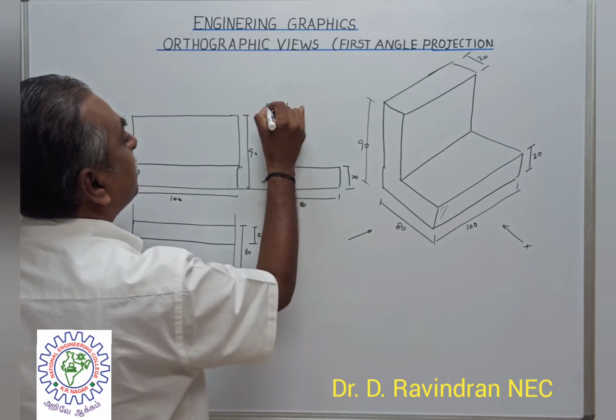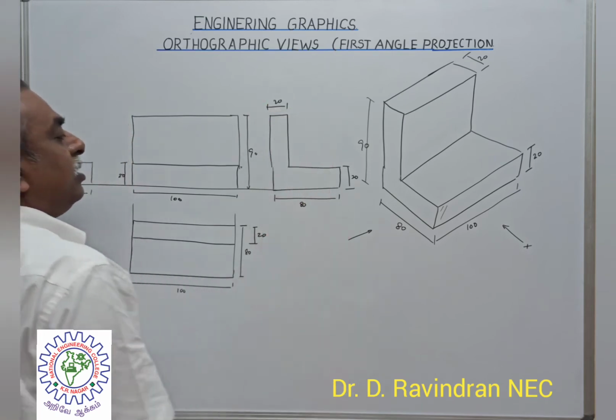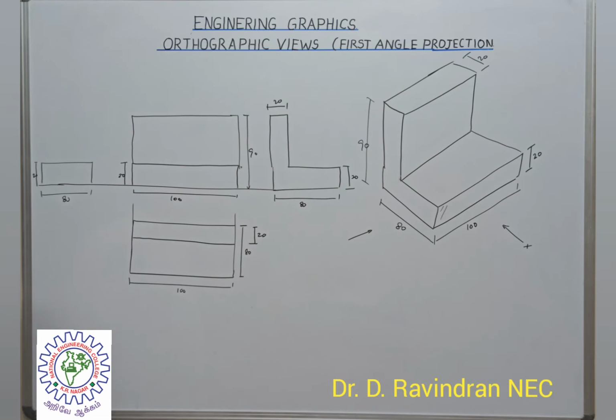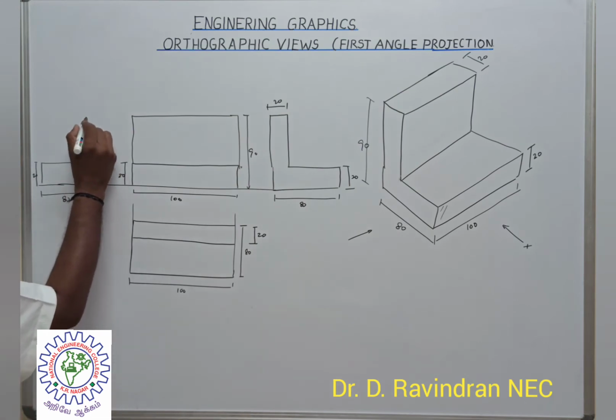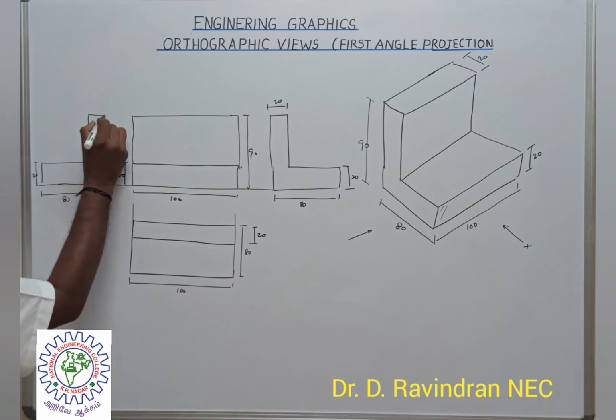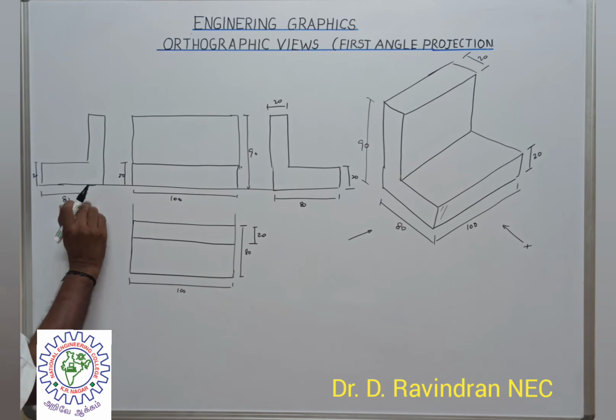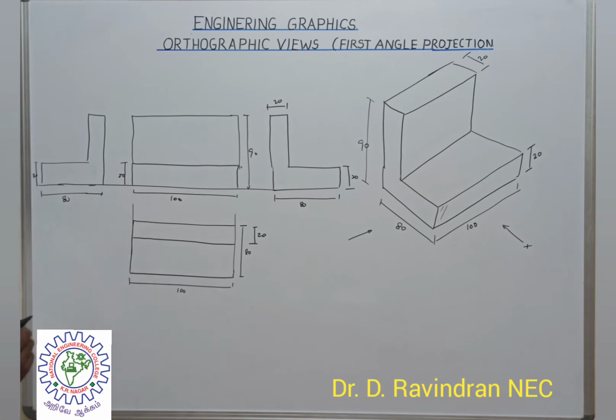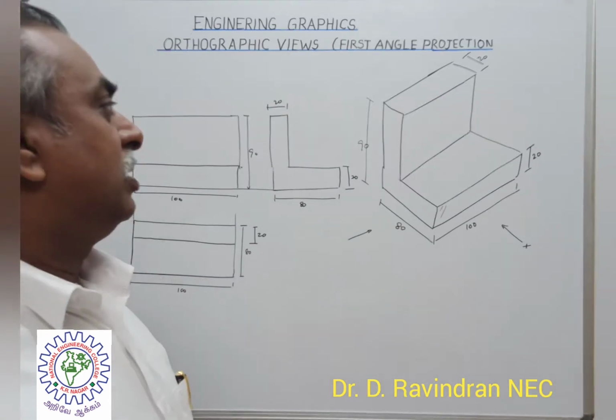This happens to be 20 mm. This is going to be your left side view, whereas this is going to be your right side view. This is what your views will be.